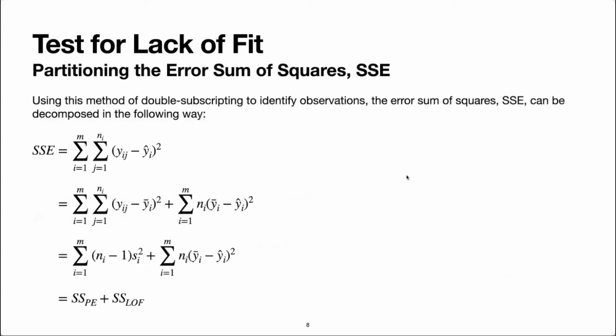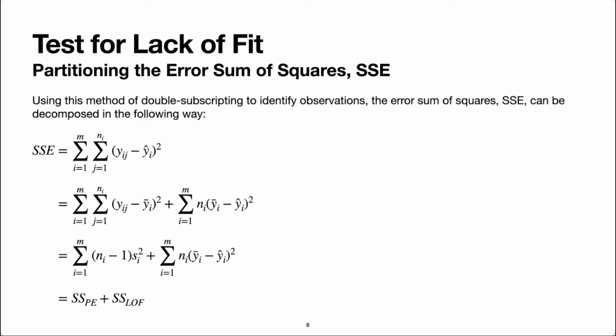Okay, then we can take that notation for the sample mean response at each level of x, and the predicted values of the response for each value of x, and come up with a partitioning of the error sum of squares, a partitioning of SSE.